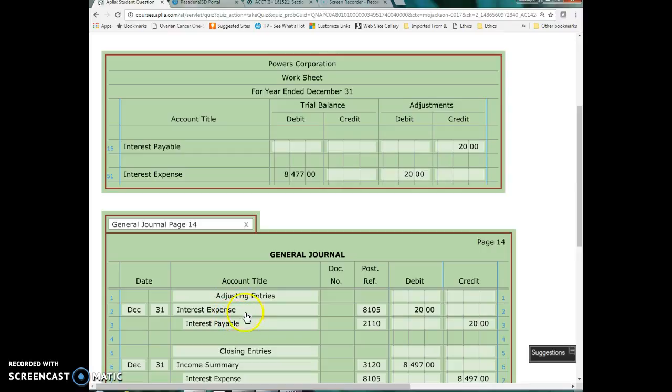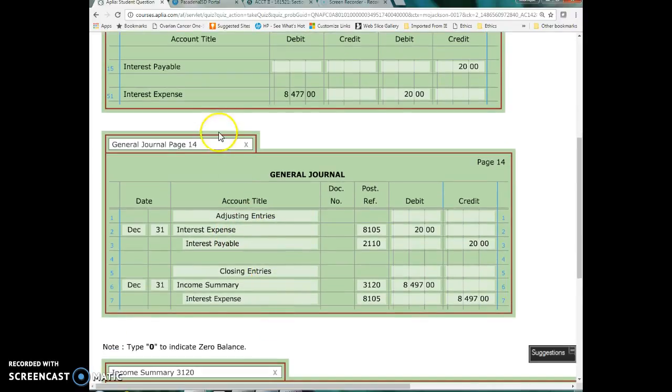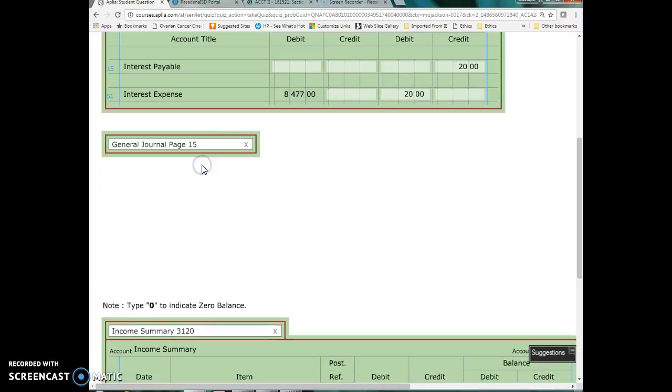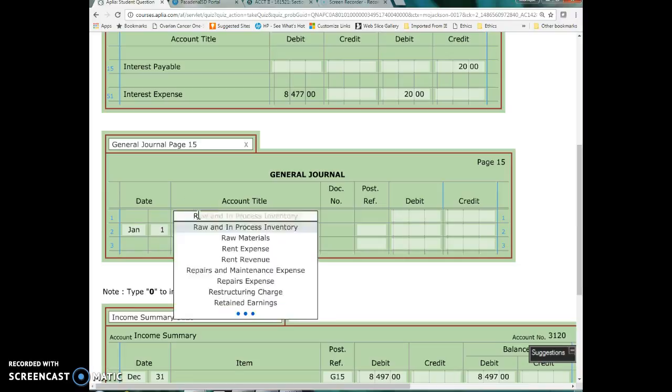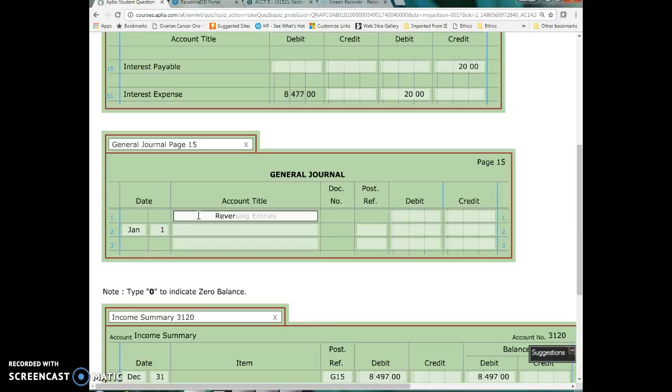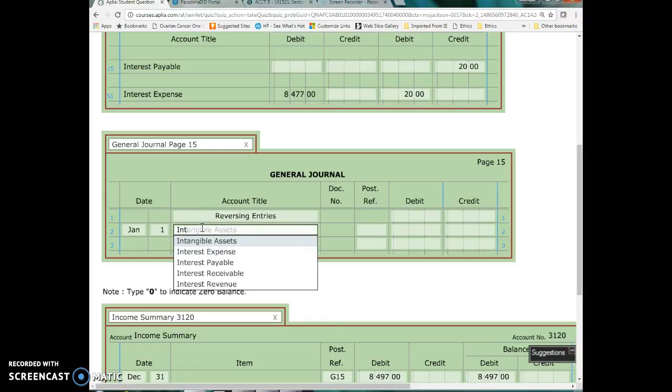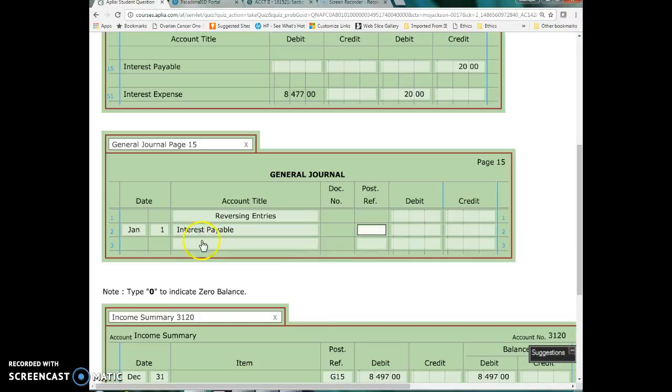So we have to reverse this on page G15. No, reversing is in January, beginning of the year. And we have to type reversing entries. Debit interest payable, credit interest expense for $20.